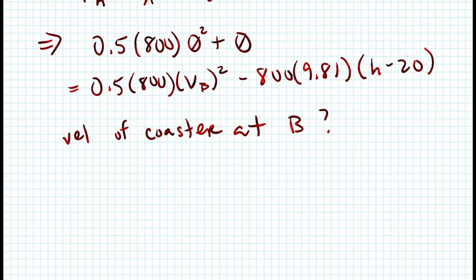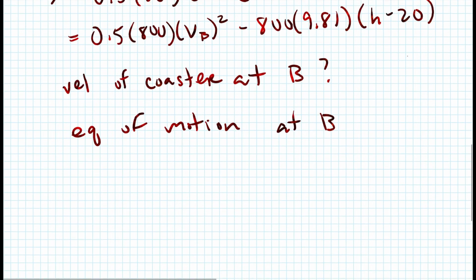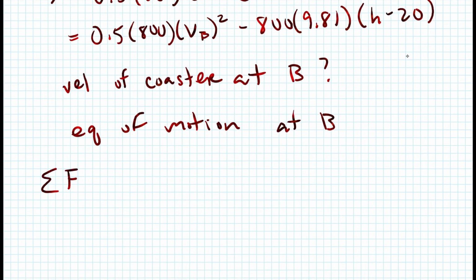The equation of motion is applied at B. So the sum of the forces, sum of F sub n equals m a sub n, and this is m times v squared over rho.